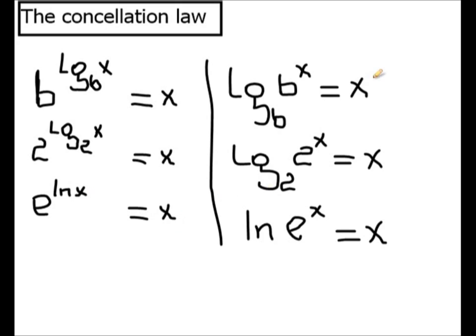Understand also the case when you have an exponent. Let's say I have log base b of b to the power of x, that gives me x. This is really easy to understand. Let's say I'm trying to figure out log base 2 of 2 to the power of 5.